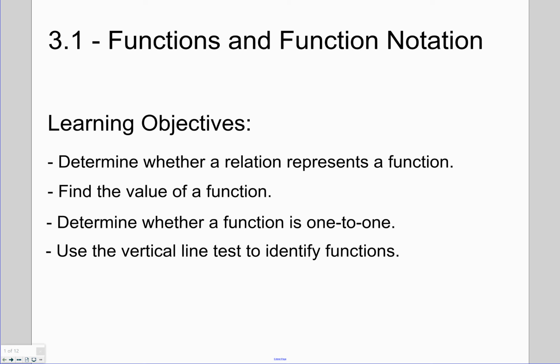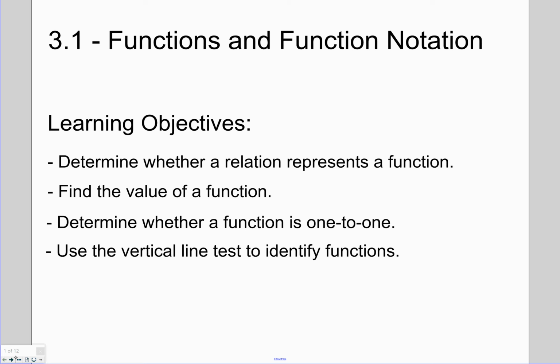We're going to evaluate functions, that's what it means to find the value of a function. We're going to determine whether a function is one-to-one, which some of you have learned in your pre-calculus or possibly even your calculus class. And then we're going to talk about the vertical line test to help us graphically determine if a relation is a function.